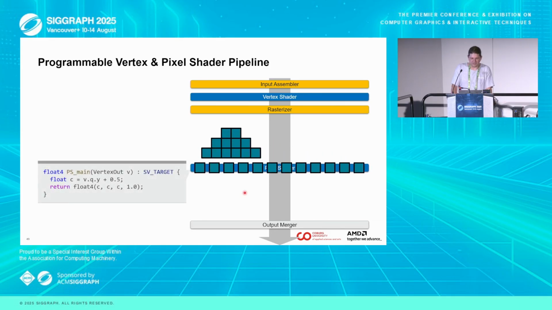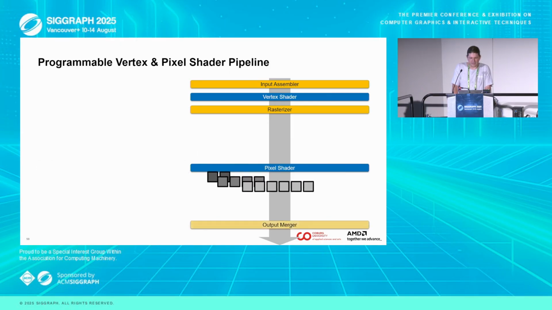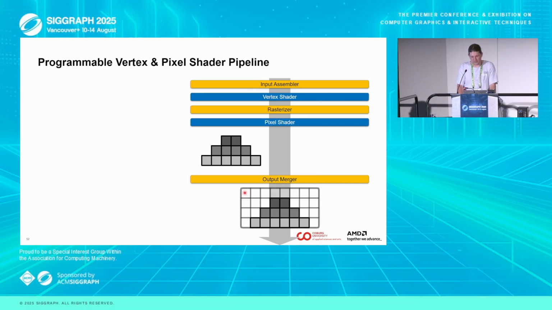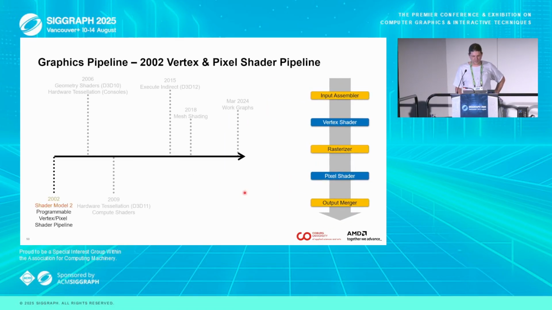So every fragment is assigned to a thread of a SIMD instruction, and then the shading happens and we output the shaded fragments. And finally, the output merger takes the discretized triangle and merges it with what's already in the frame buffer. So this is shader model 2, very basic, but still the concept that we have in hardware there is something we would like to use for work graphs and have it a little bit more flexible.